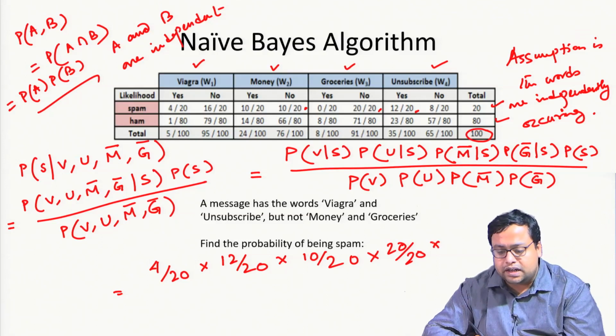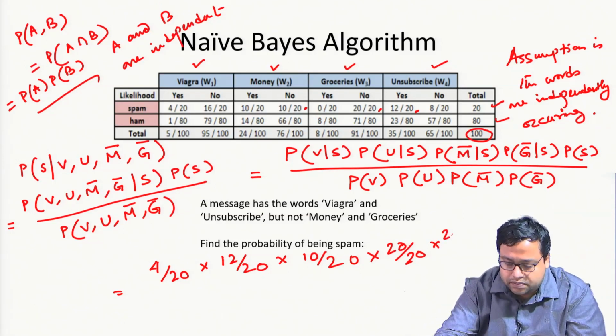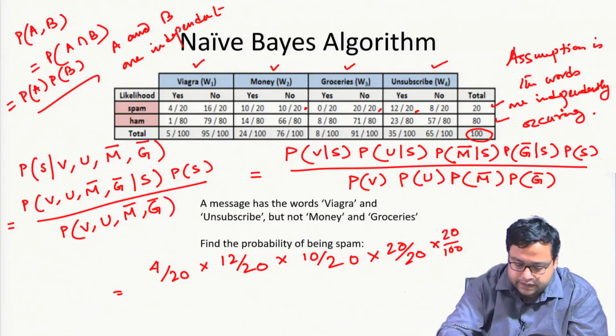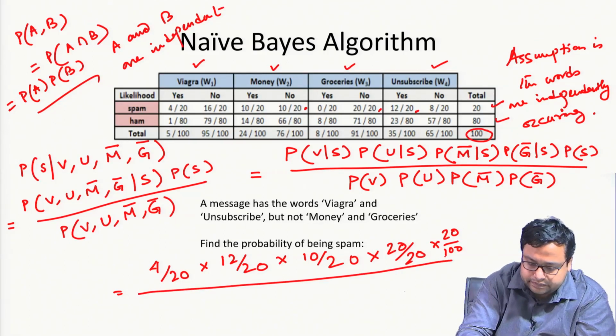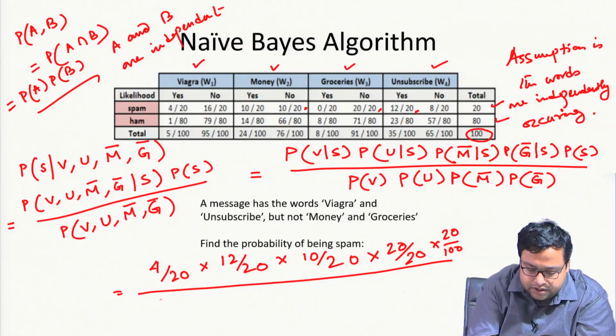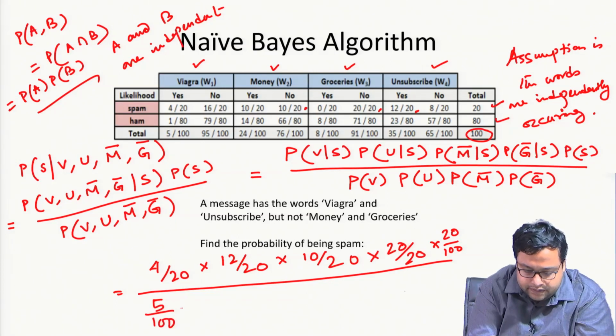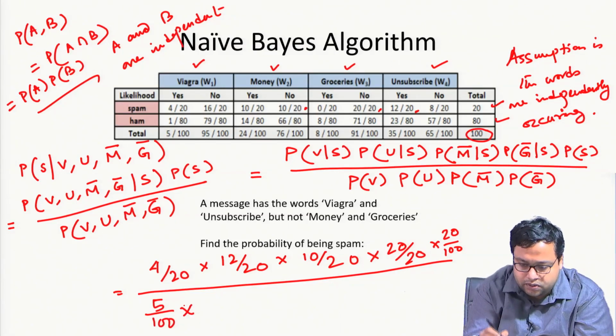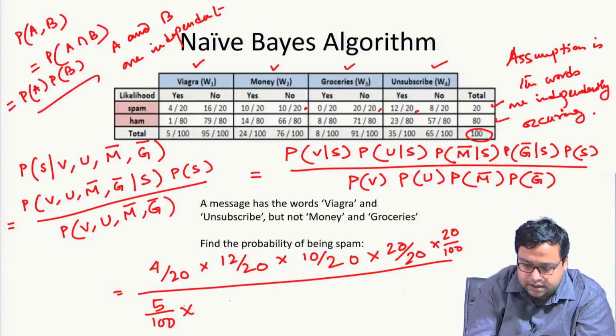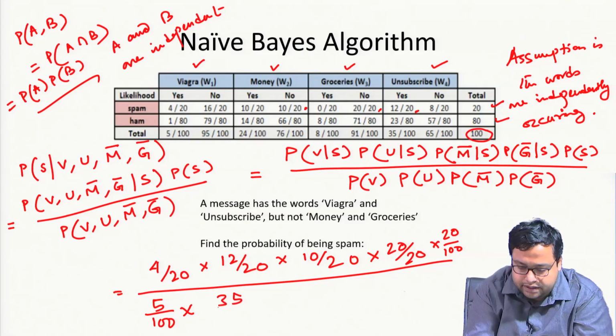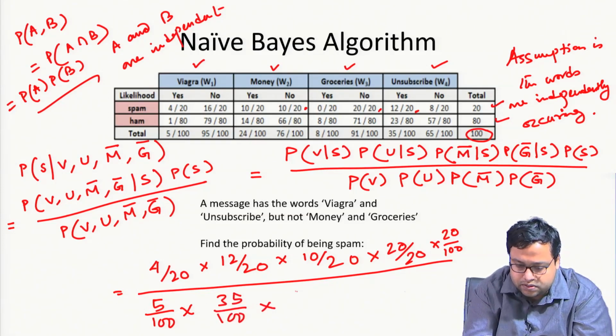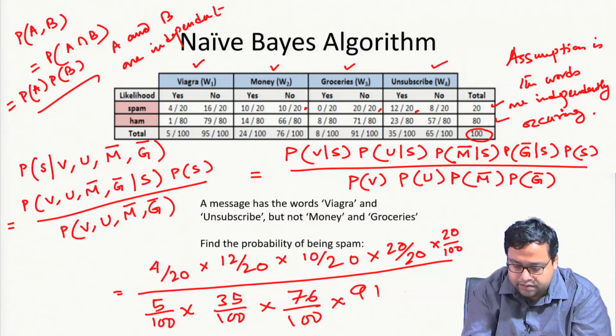Into what is P of S? That is 20 by 100, divided by P of V, which is 5 by 100, into P of U, which is 35 by 100, into 76 by 100 into 91 by 100.